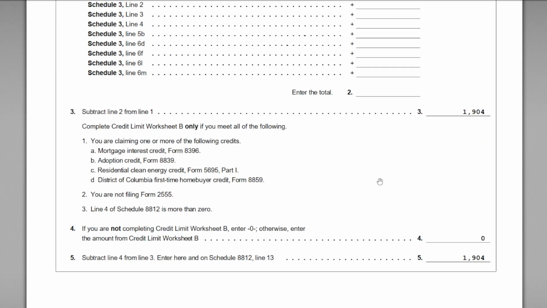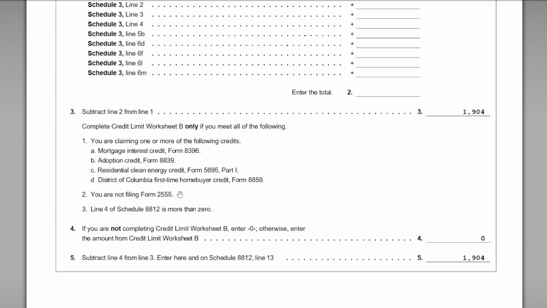Now, Worksheet B may be required if all of these following elements apply. So if you're claiming one of these following credits and you're not filing the foreign earned income exclusion, and line 4, the number of qualifying children, is more than 0, then you have to complete Worksheet B. In Jane's case here, she meets the number 2 and 3 elements, right?